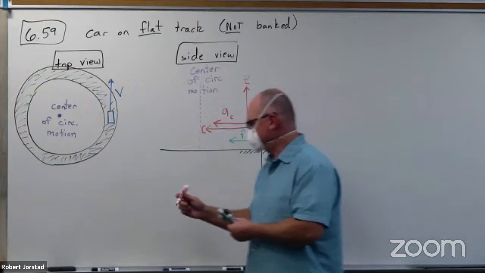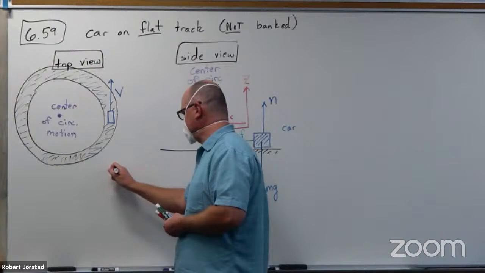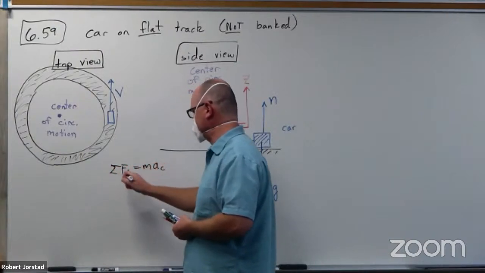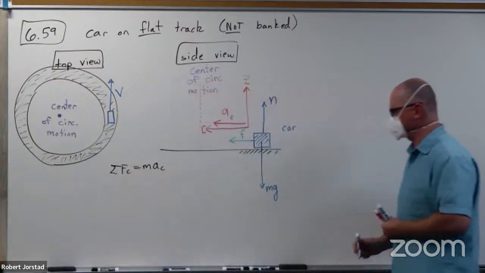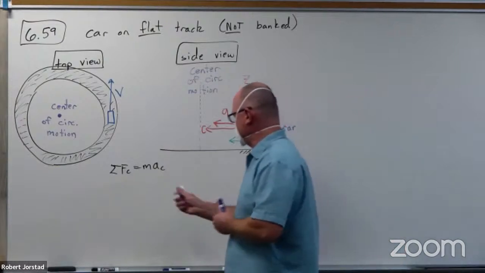Okay, let's do the forces in the centripetal direction. The sum of forces in the centripetal direction is mass times centripetal acceleration, right? What's one force in the centripetal direction? Anybody? Static friction. Got it.